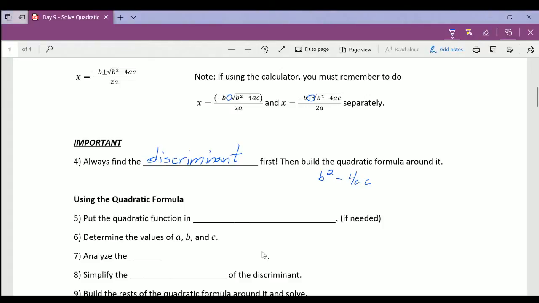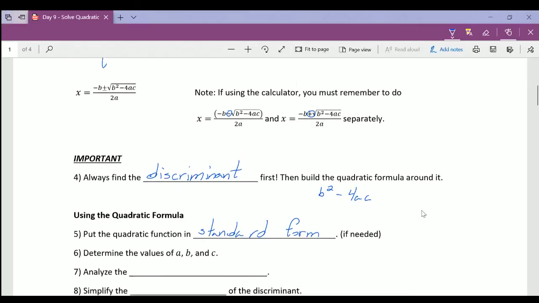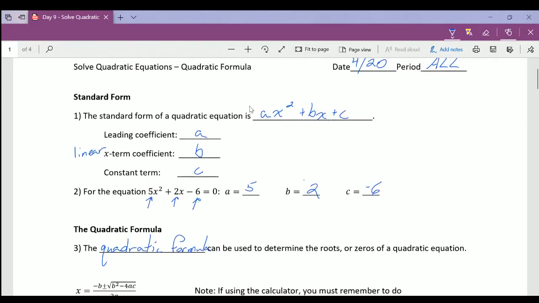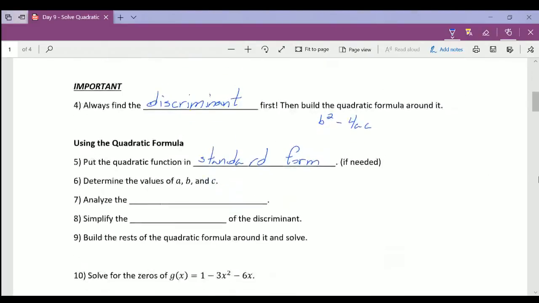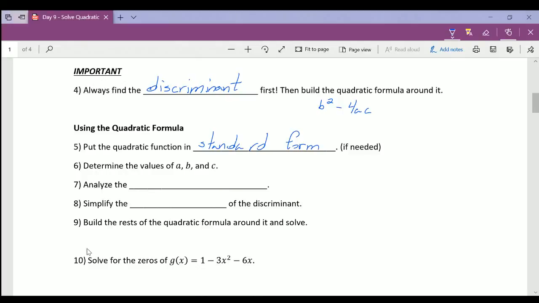All right, so step 1, put the quadratic equation in standard form, if it isn't already. We had that listed up here. This is your standard form. Determine what a, b, and c are.